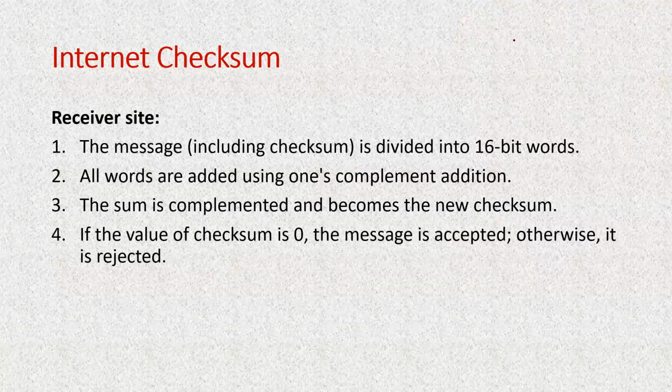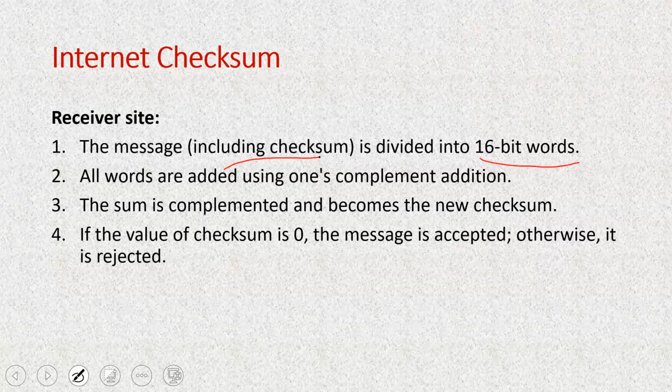Receiver receives the message. Even at the receiver side, the received message is divided into 16-bit words. This message has the checksum also, sent by the sender. Now again you perform addition using the ones complement method, add everything.